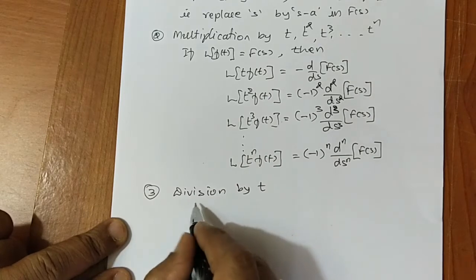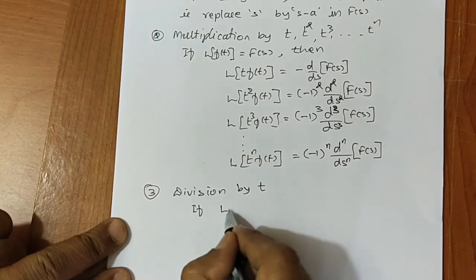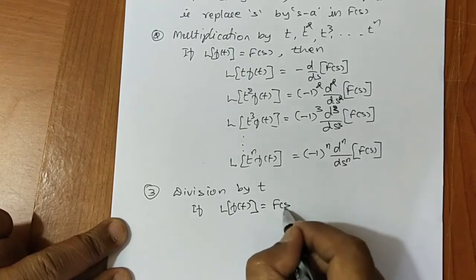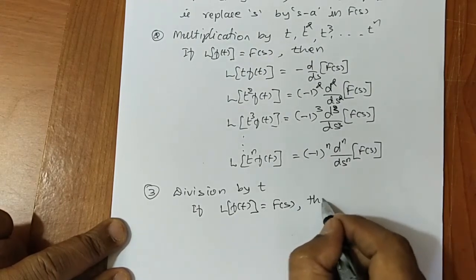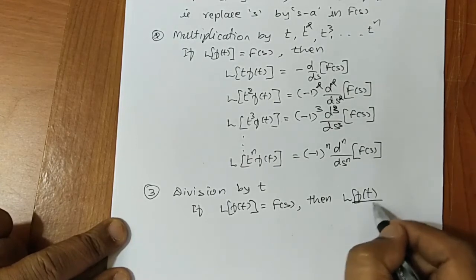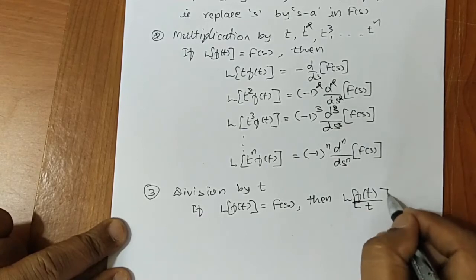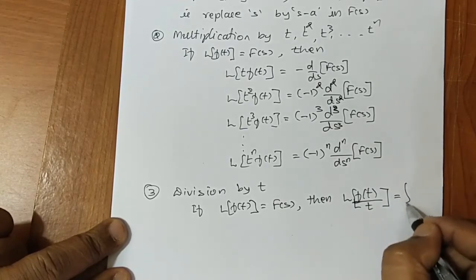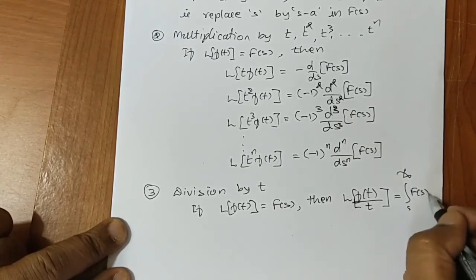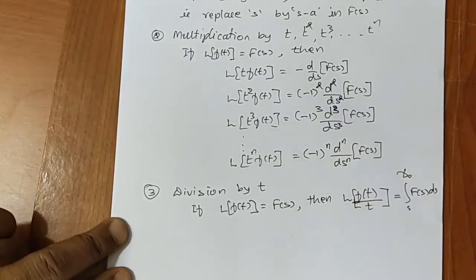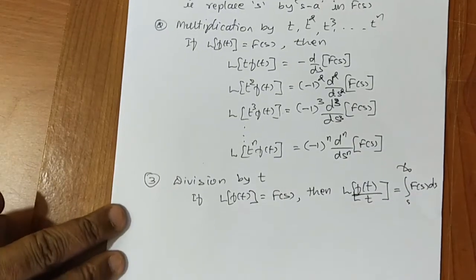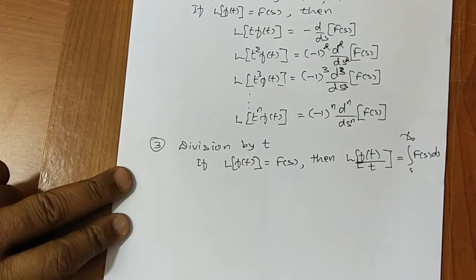The theorem says, if L of f of t is equal to capital F of s, then L of f of t by t will be the integral from s to infinity of F of s ds. This is what we discussed in the last class also, and I solved one problem.